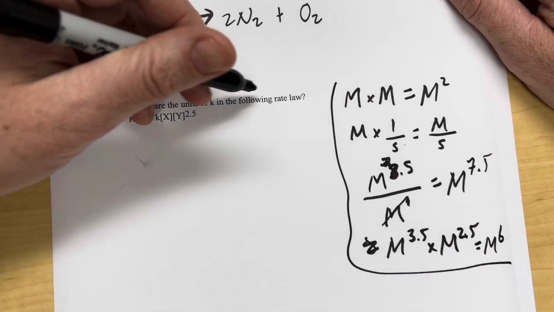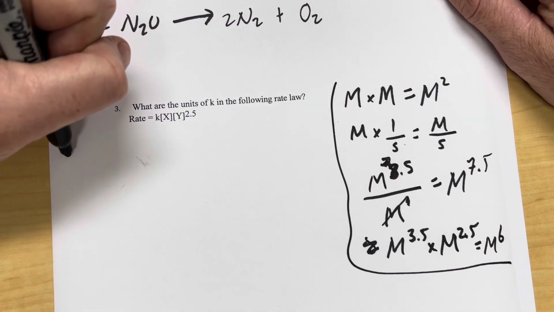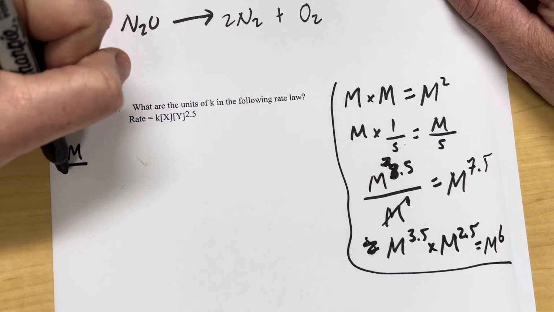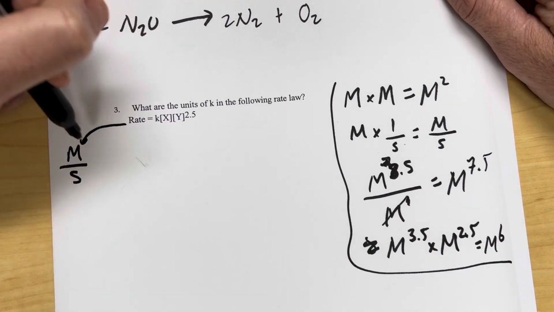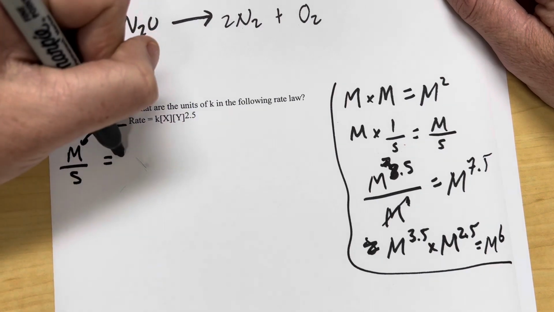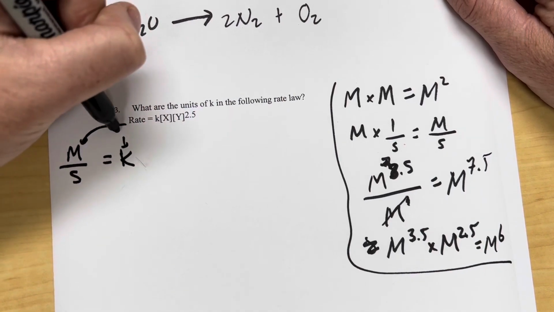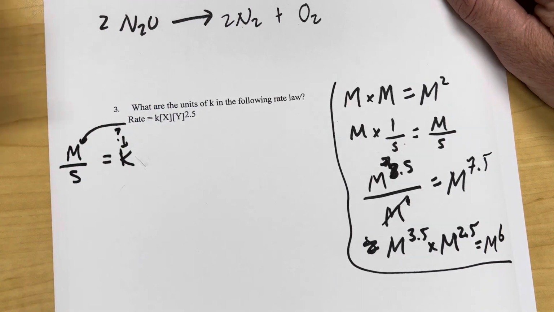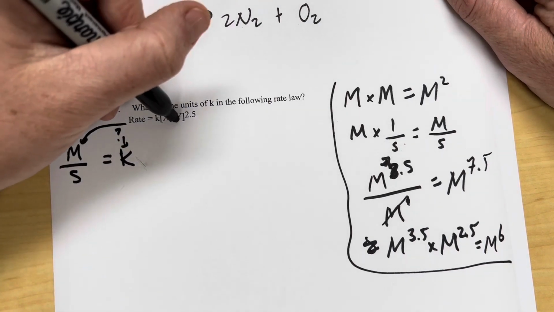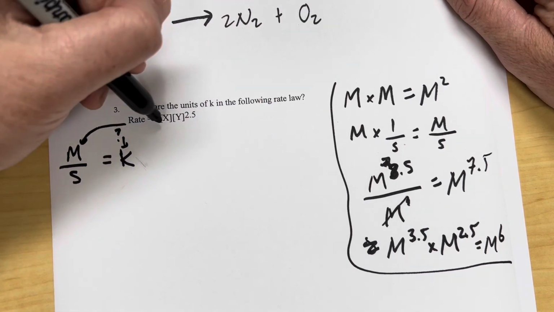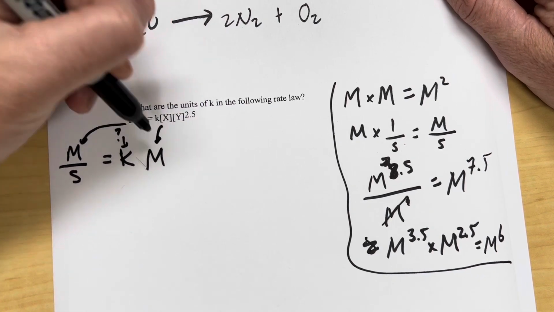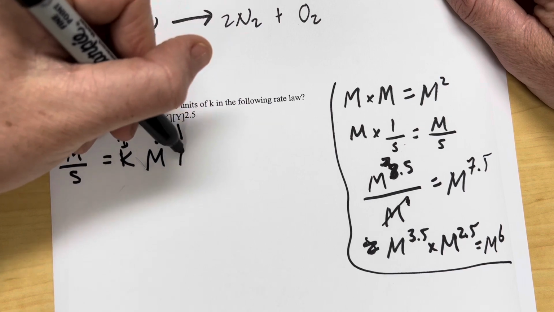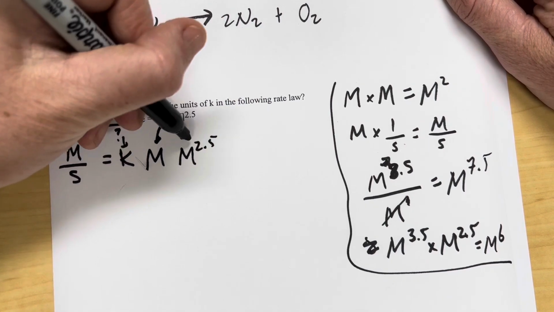So this is, what are the units of k in the following rate law? Well, rate is always going to be M over s. By definition, that's what rate is. We're going to set that equal to k, which we are solving for, what are those units in that k, times concentration to the 2.5. Well, we know that these brackets mean M, and this must mean an M to the 2.5.